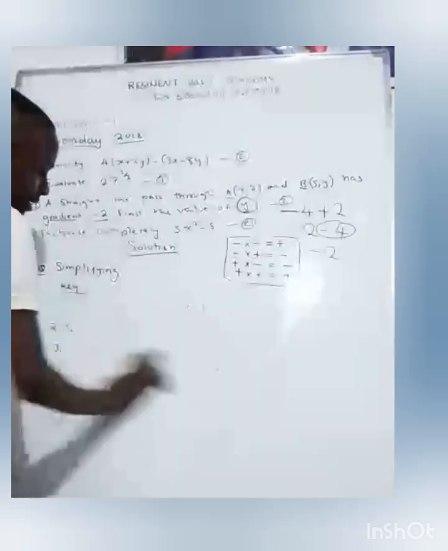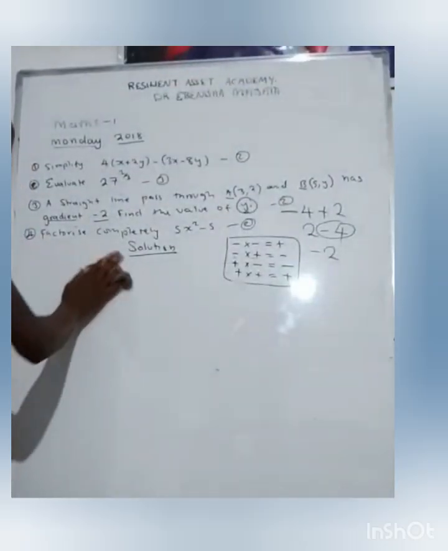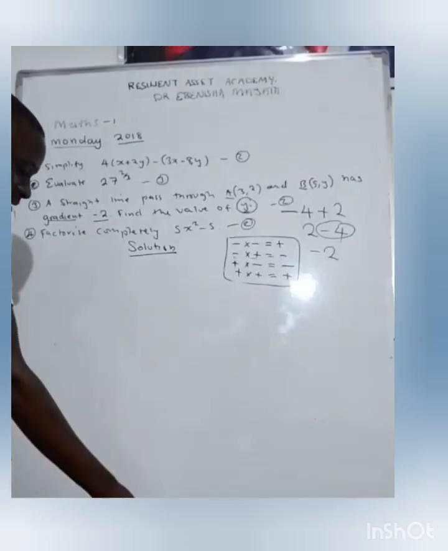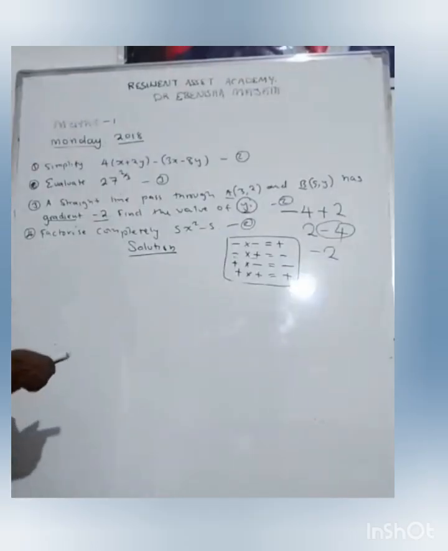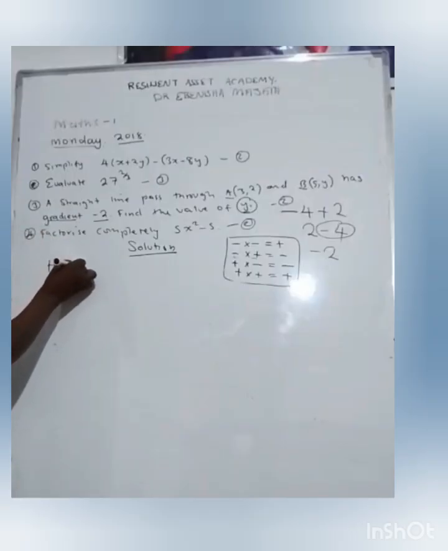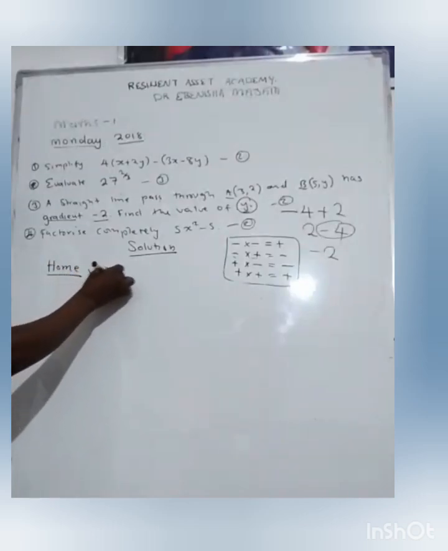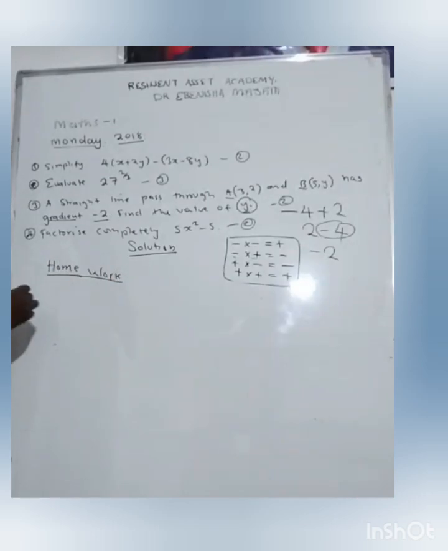Sir, I want to ask on question 2: evaluate, I can't see that one. It's 3 over 4. Okay. So that one is: find the gradient of a line passing through A (5, 6) and B (10, 18).